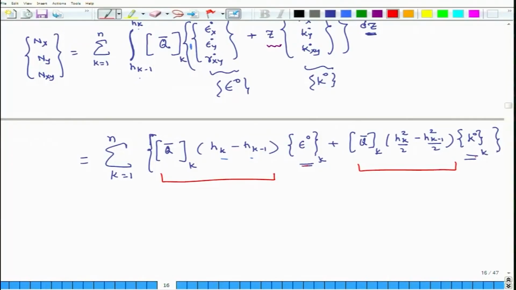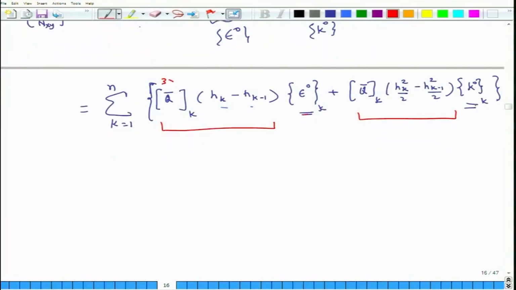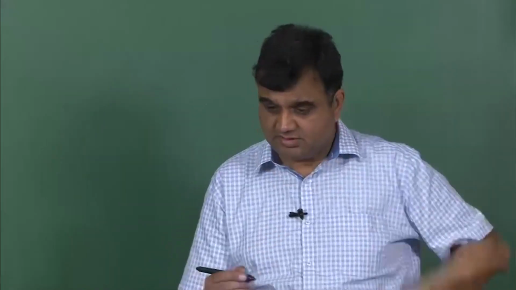Now this is a 3 by 3 matrix and this is just a number. So, when I multiply this and add for all the layers, I still get a 3 by 3 matrix, and I call that 3 by 3 matrix the A matrix.